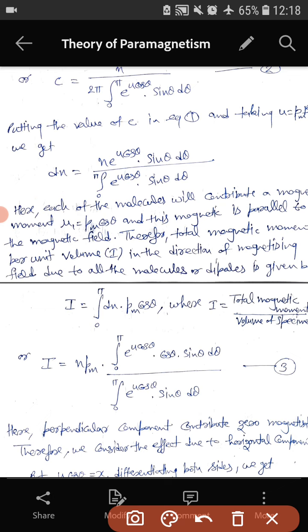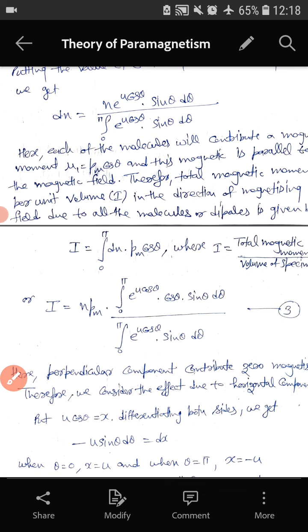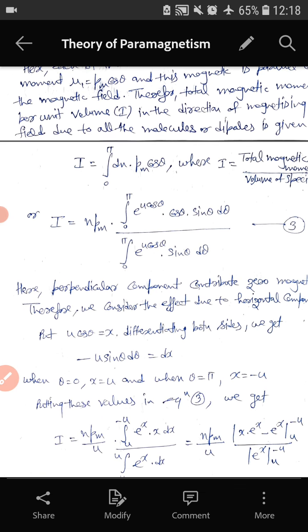Now we'll further solve this integral by substituting u cos theta equal to x. By differentiating both sides, this will become minus u sin theta d theta equal to dx. Now by changing the limits, when theta was 0, x will become u, since cos 0 is 1.